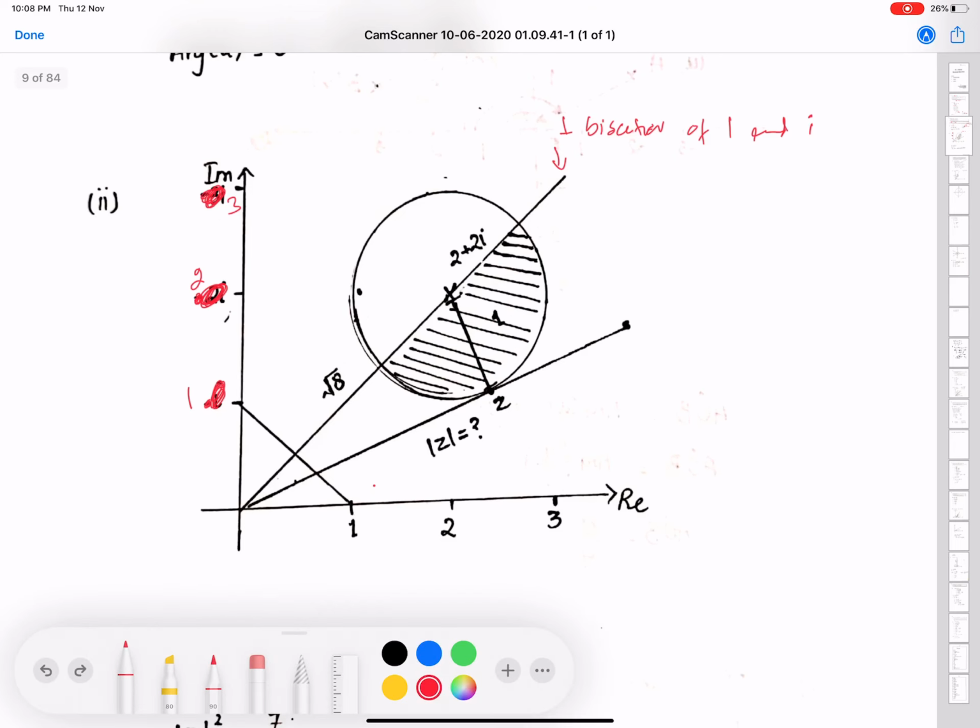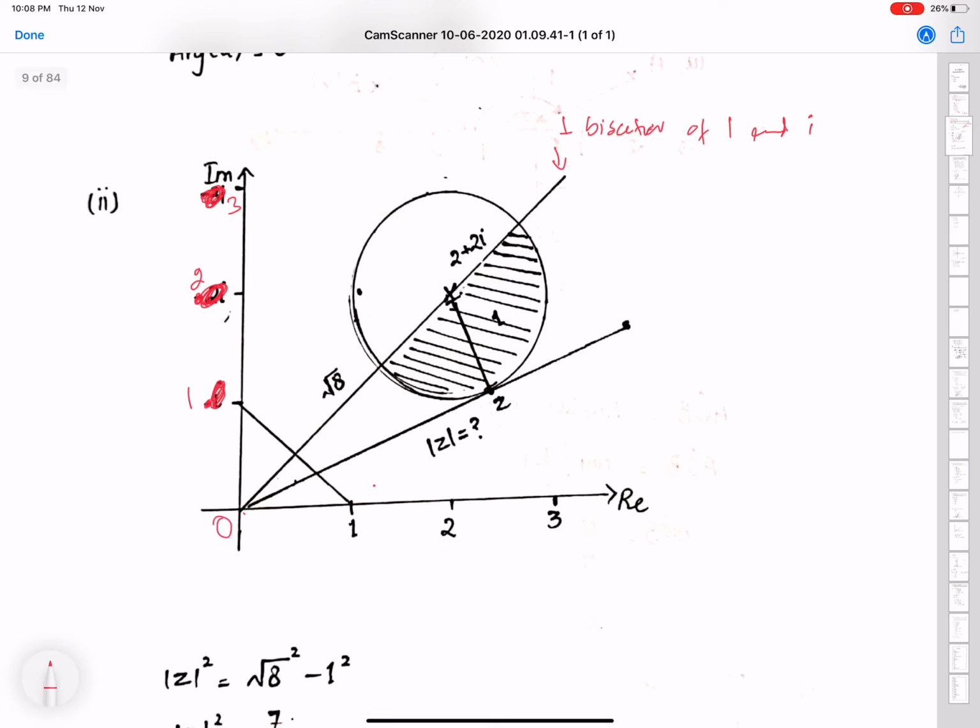So for argument z least, you have to draw a tangent from origin to the circle. This is the tangent, and for argument z least, z must be here. When z is here, this angle is smallest. So this is the position of z.